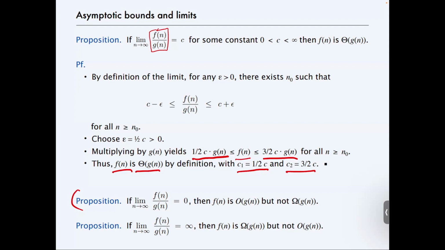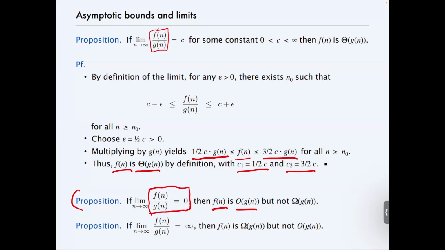So eventually f of n becomes very tiny relative to g of n, which means that f of n is big O of g of n, and f of n is not omega of g of n. So f of n is big O of g of n if the limit of f of n divided by g of n goes to 0.